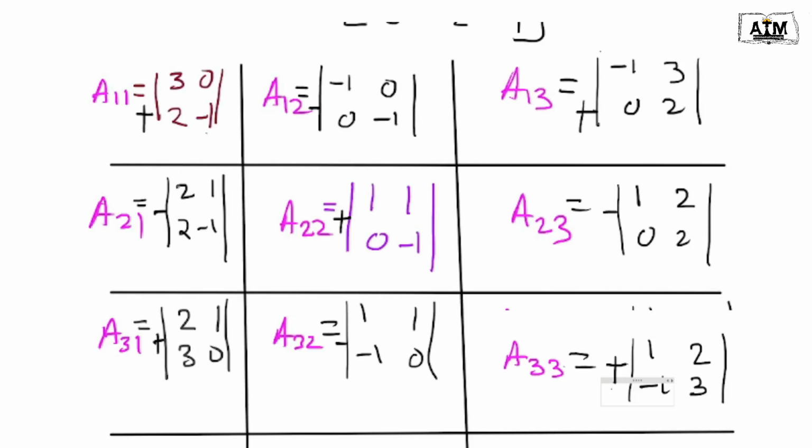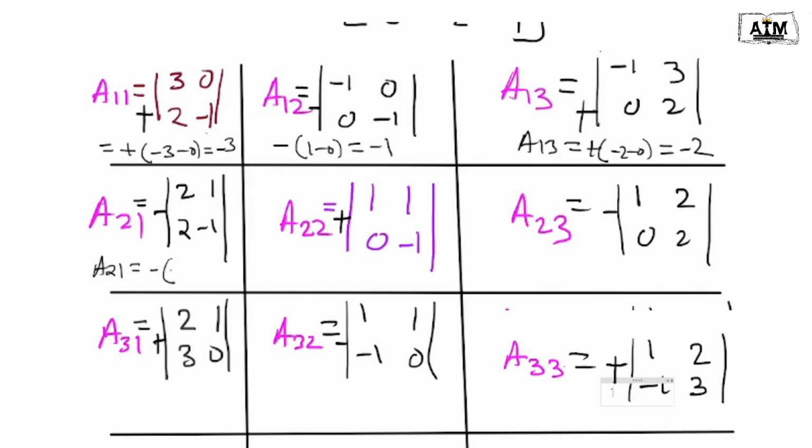After that, we'll find the second order determinant everywhere. So A11 is plus (-3 - 0), equals -3. Then A12 is minus (1 - 0), equals -1. Then A13 equals plus (-2 - 0) equals -2. Then A21 equals minus (-2 - 2), that is equals plus 4.